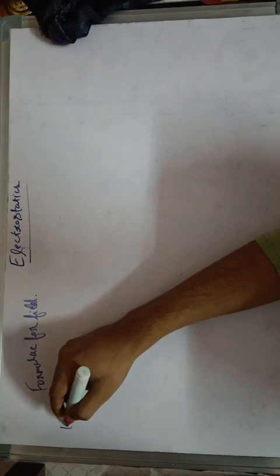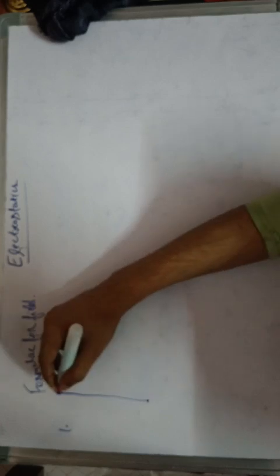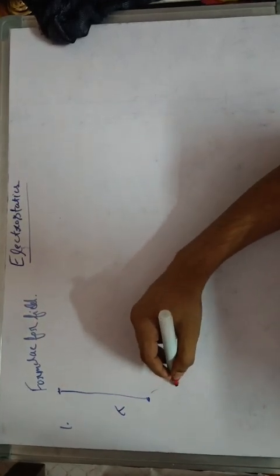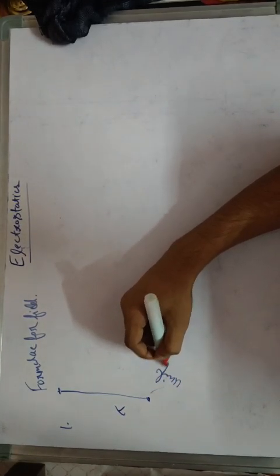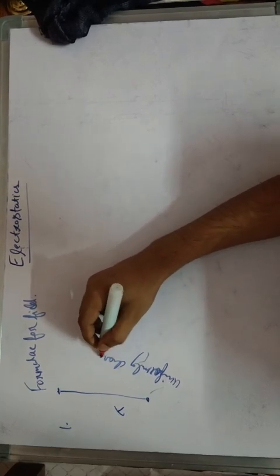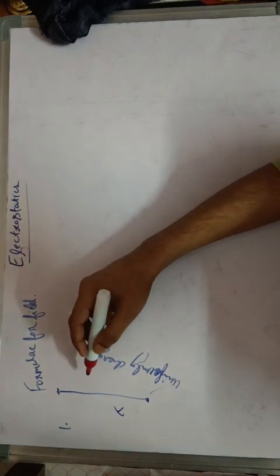So the first thing is, when there is a straight line of charge, let's say from this point to this point, with lambda density of charge, uniformly charged with lambda charge density.